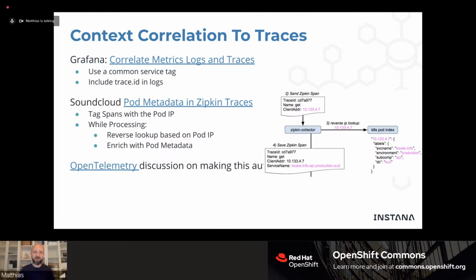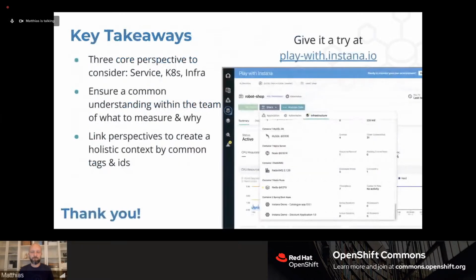Something interesting that I found with Loki and traces is that the tag spans had the pod ID, and for the service naming, they were doing a reverse lookup on the pod ID and then enriching the pod data. OpenTelemetry talks about making this more and more automatic, right? In an open standard, we already do this, as do others.